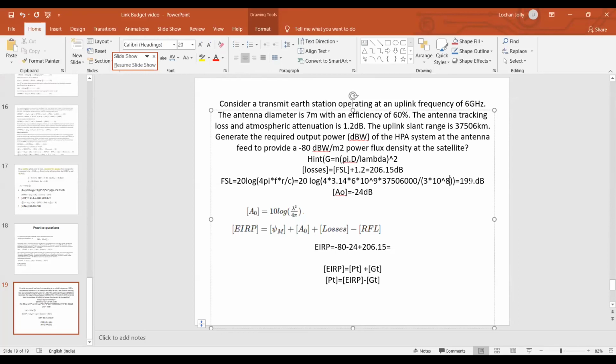So, 199.48. I am also getting the same answer. 199.48 is the correct answer. 199.48 ना मोहित?